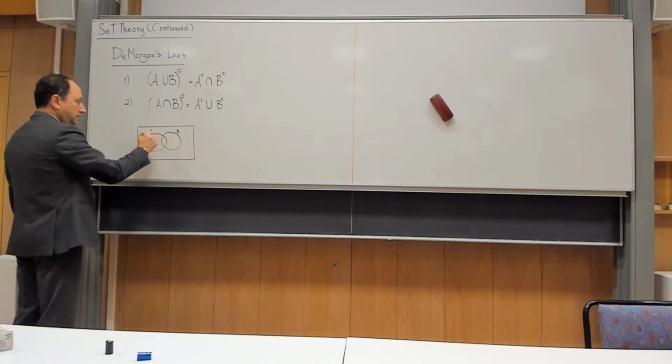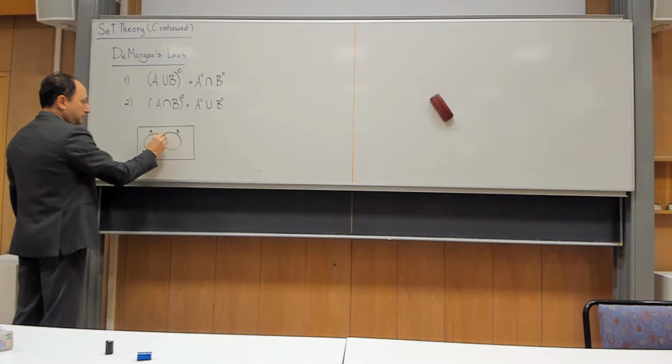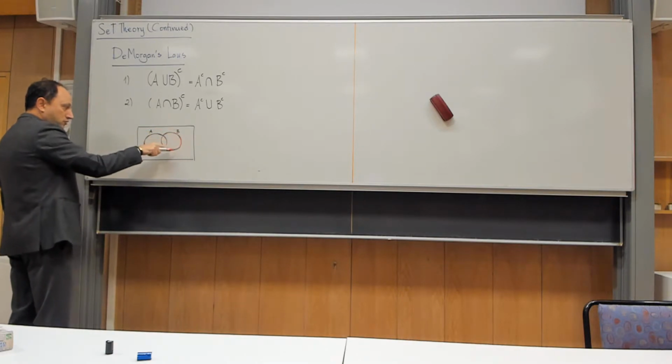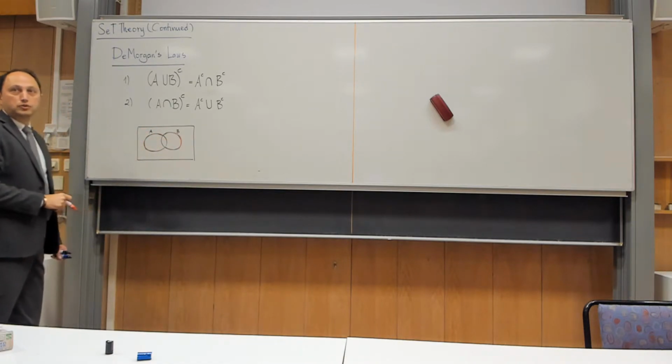So everything here is the union. If I draw a border around that, everything inside this red boundary is A union B.